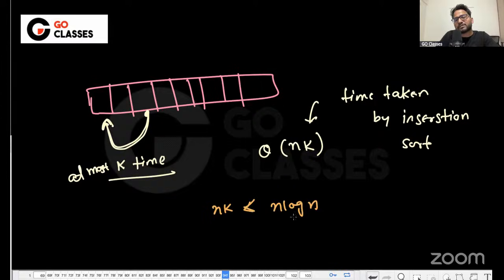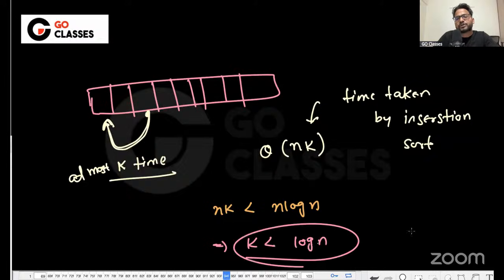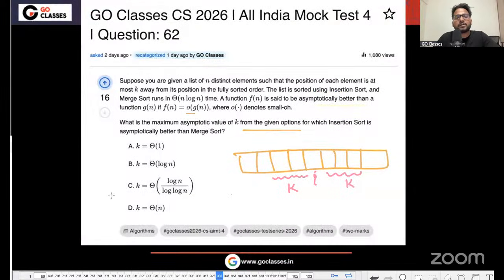I'm not writing c into something, but I hope you understood. So k must be strictly lesser than log n, asymptotically. From the given options, which option is strictly lesser than log n? C, right? So C is the correct answer.